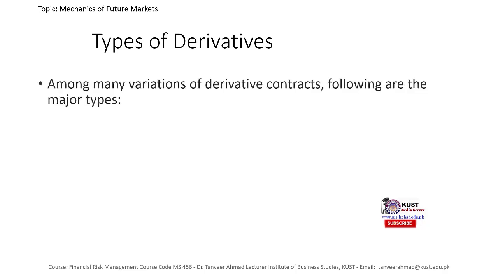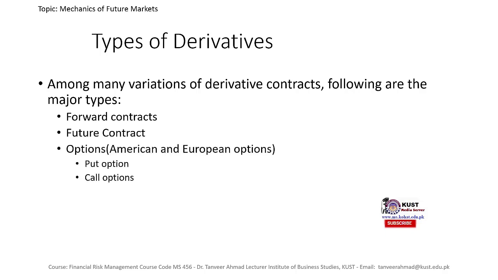So moving on, what are the different types of derivatives? For now, we would discuss three types of derivatives. First one is the future contract. Remember, contract is an agreement. We are using the same terminology.